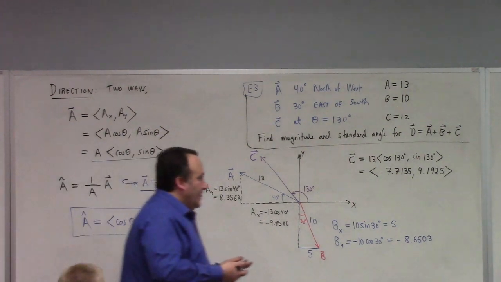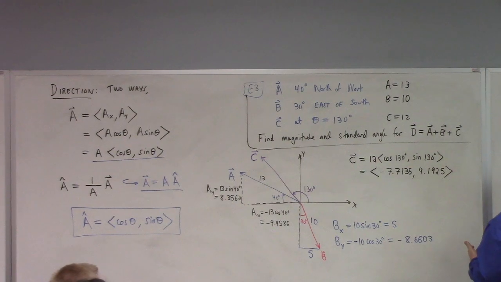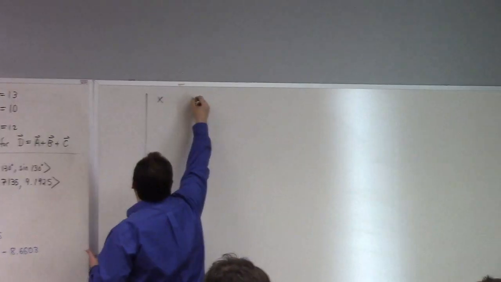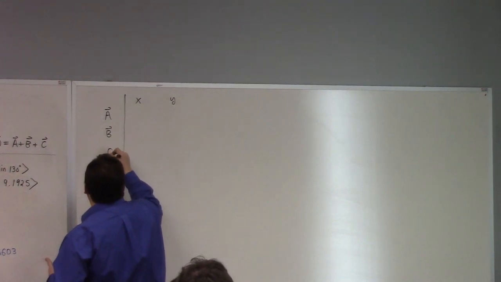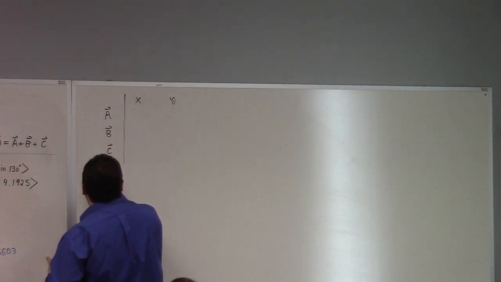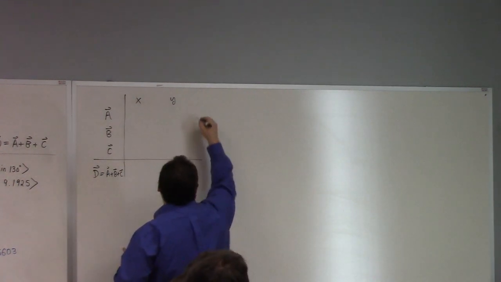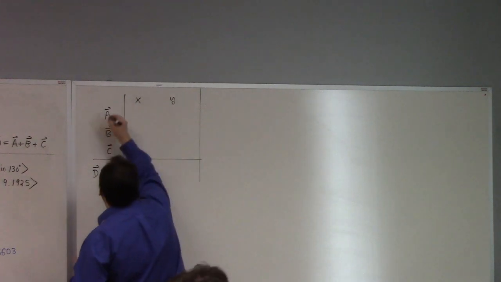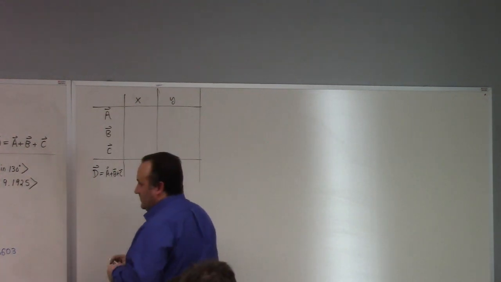All right. And let's be neat about it. I like to make a table. All right. So here's my x, here's my y, here's my vectors, A, B, C, and then down here D, which is A plus B plus C. All right. And let's just gather together all of the information that we have calculated, right?